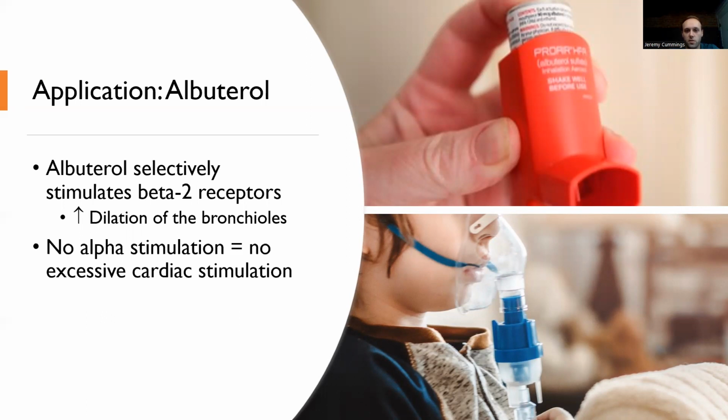This is why this medication is often given in asthma rather than epinephrine, right? Even though epinephrine could cause dilation of the bronchioles, we know that epinephrine is also going to cause cardiac stimulation as a side effect. So if we give albuterol instead, they don't have that alpha stimulation, so there's no excessive cardiac effects with the use of albuterol.